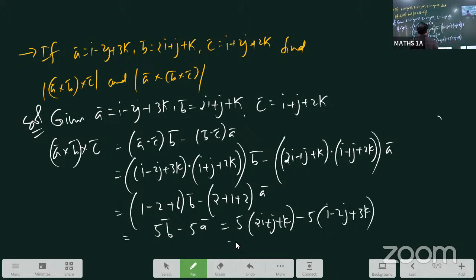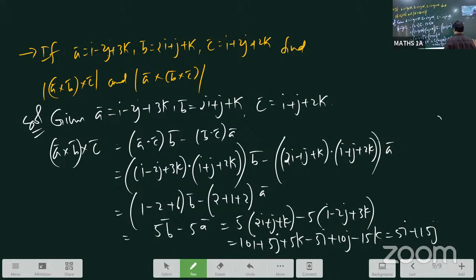That is 10i plus 5j plus 5k minus 5i plus 10j minus 15k. Simplifying, I get 5i plus 15j minus 10k. This is a bar cross (b bar cross c bar).